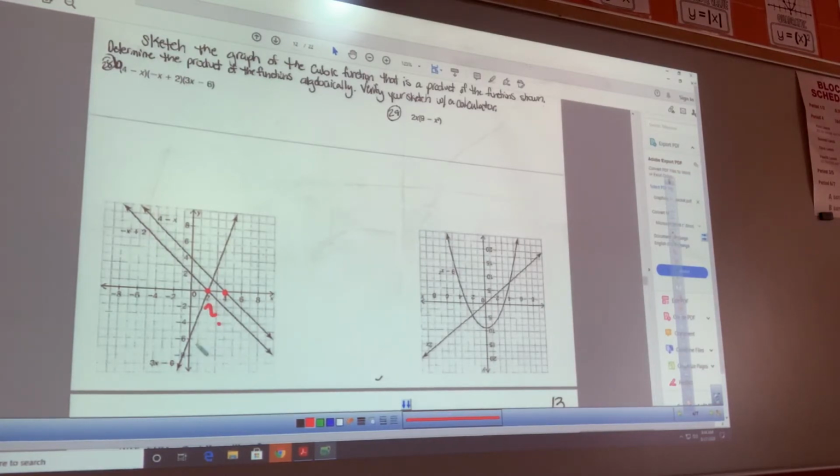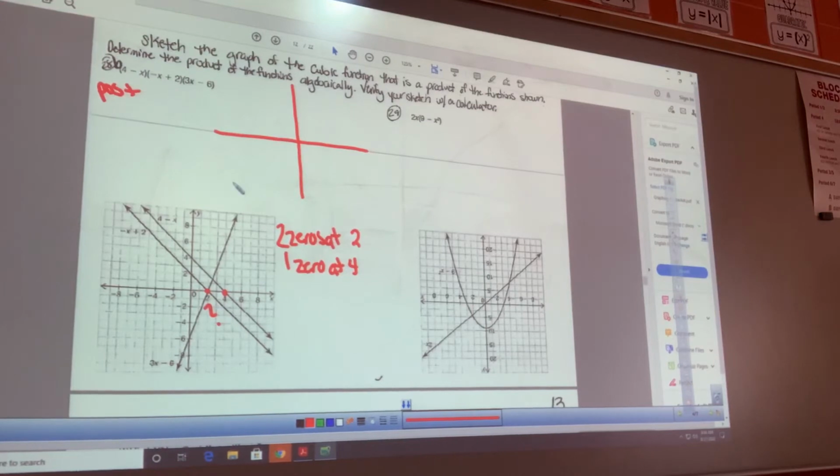How many zeros will it have here? This line intersects this line, so they both cross the x-axis right here. So we will have 2 zeros at 2, 1 zero at 4. So I would suspect when you graph this, I know it's going to be a positive leading coefficient.